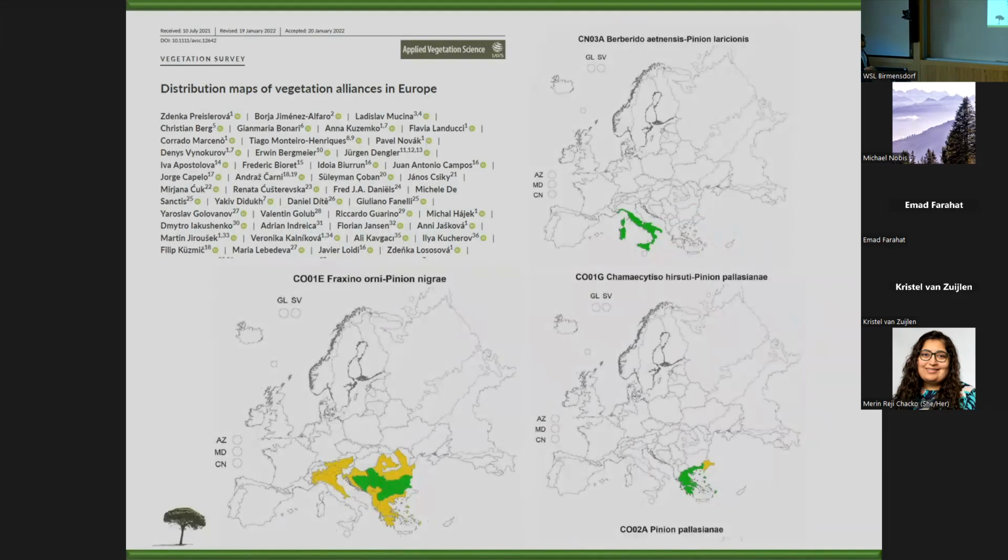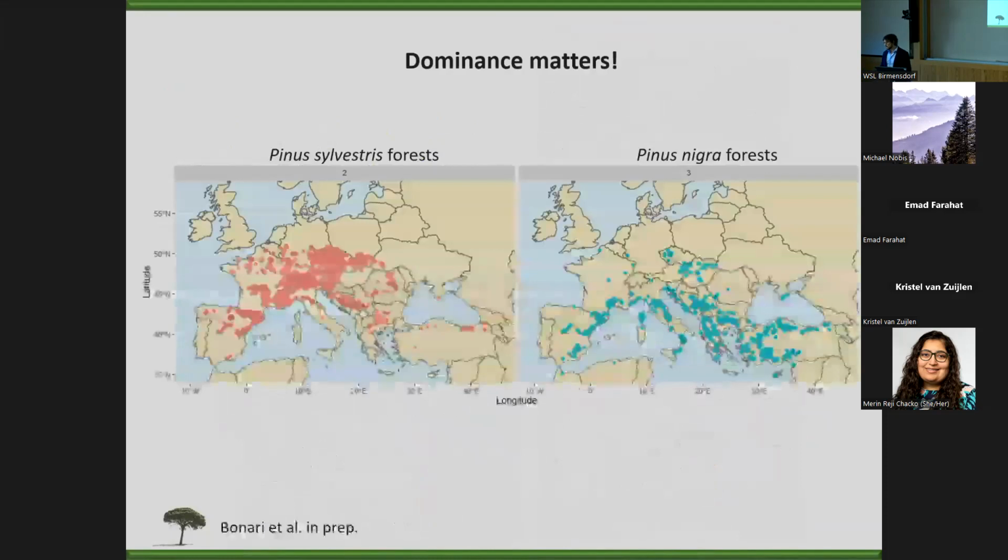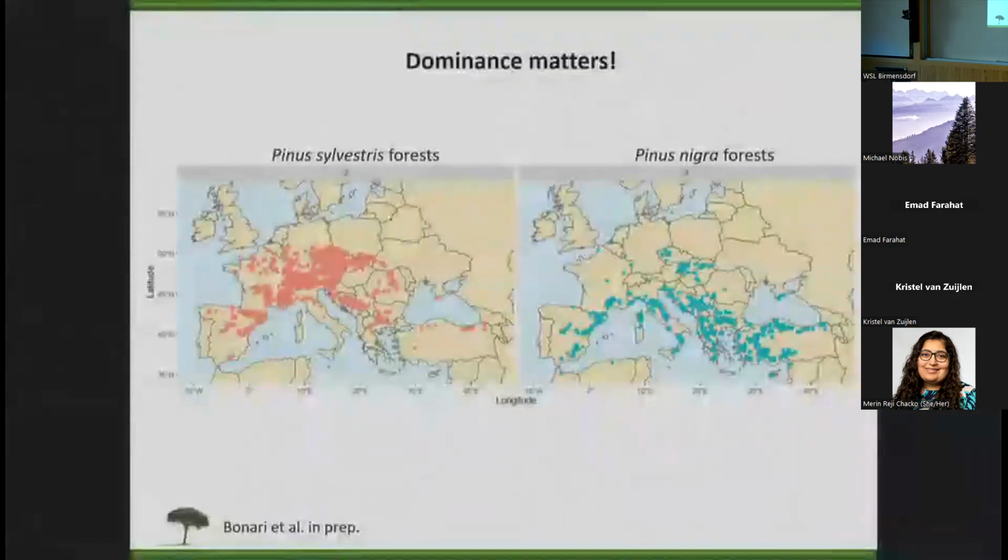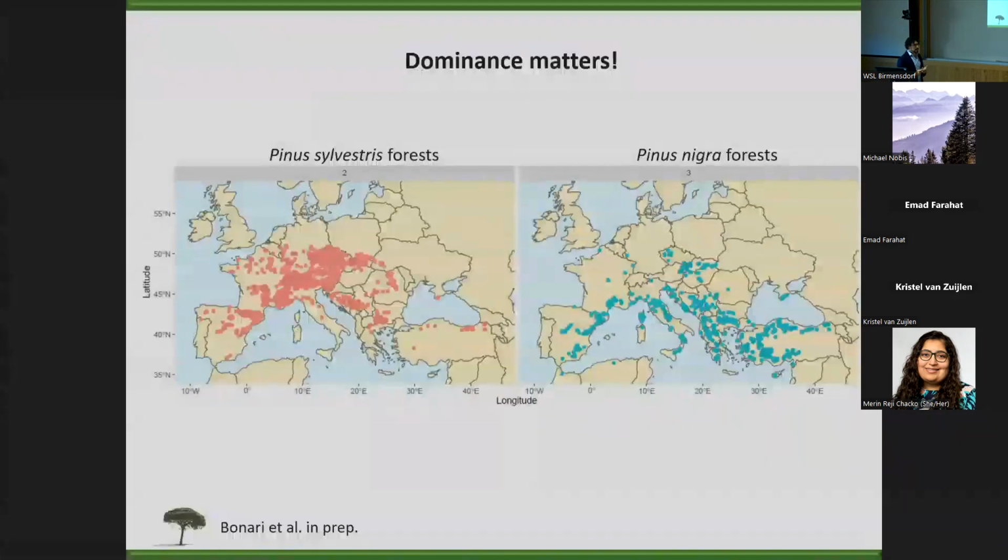And there are still some unresolved issues to be improved, okay? But we have seen that Pinus nigra and Pinus sylvestris occur in the same habitat, okay? So what we might investigate is which is the role of the dominance of these trees in your forest.